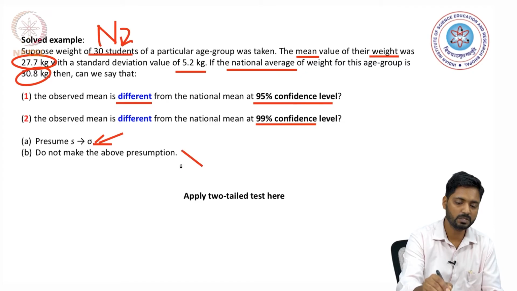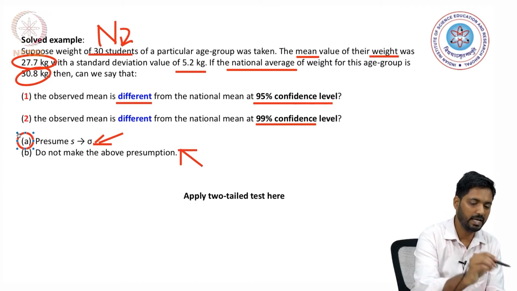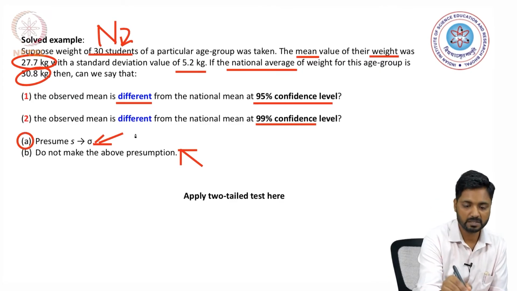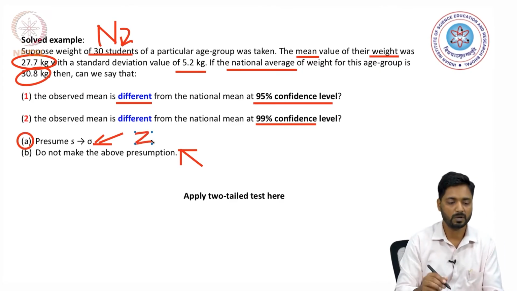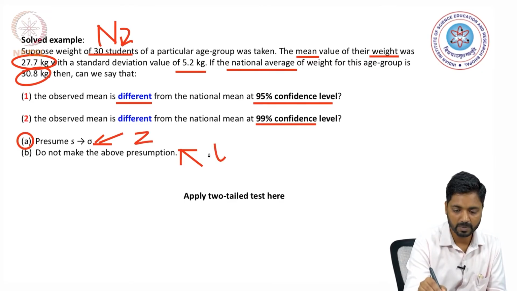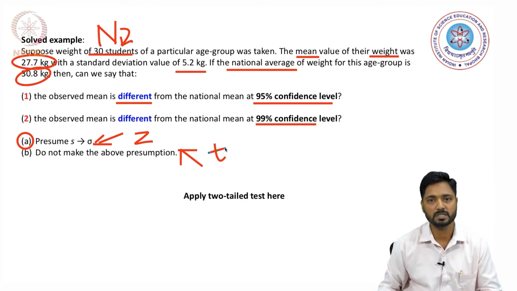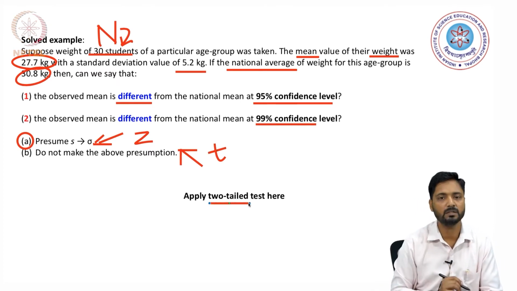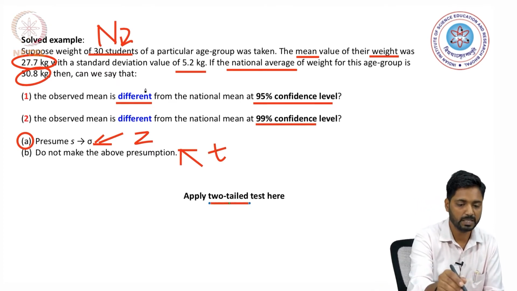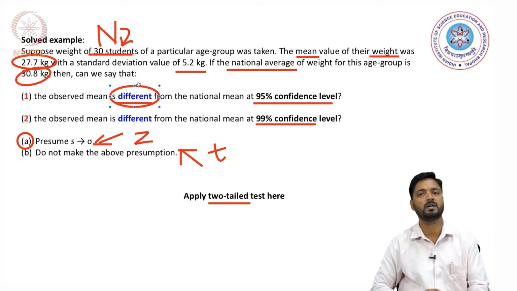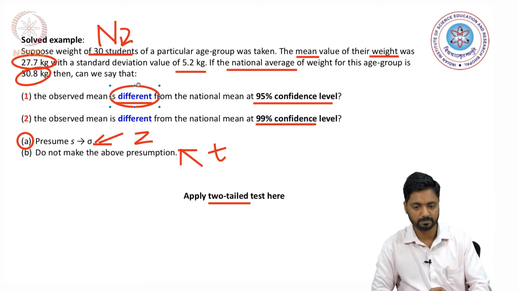So, in other words, for A we will be applying the Z test, for B we will be applying the T test. And now, let us apply the two-tailed test here, because we are only to address whether the readings are different or not.